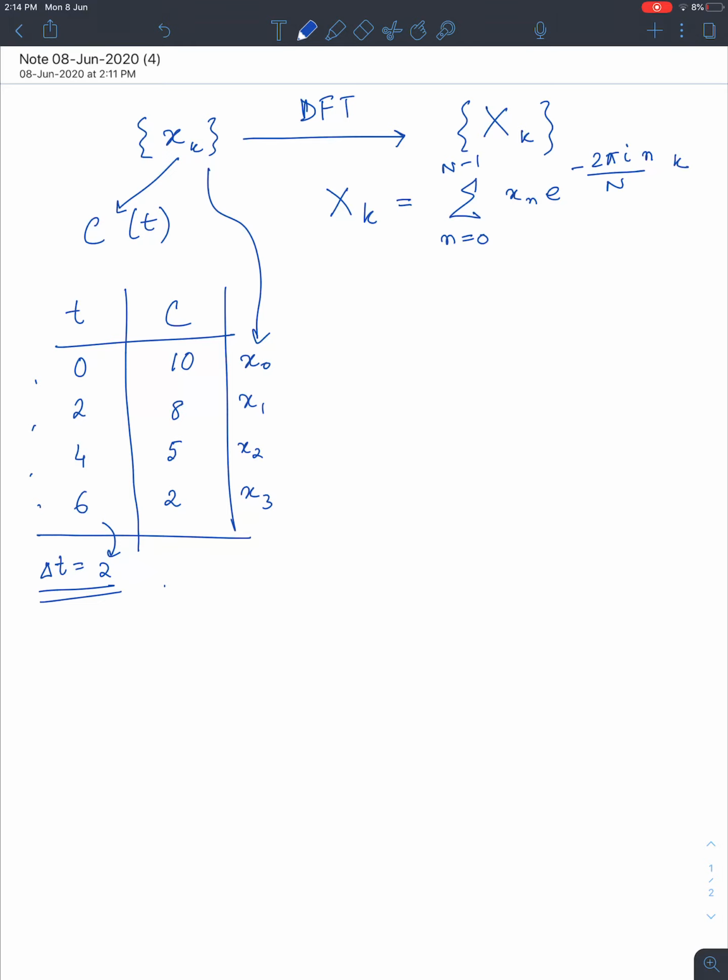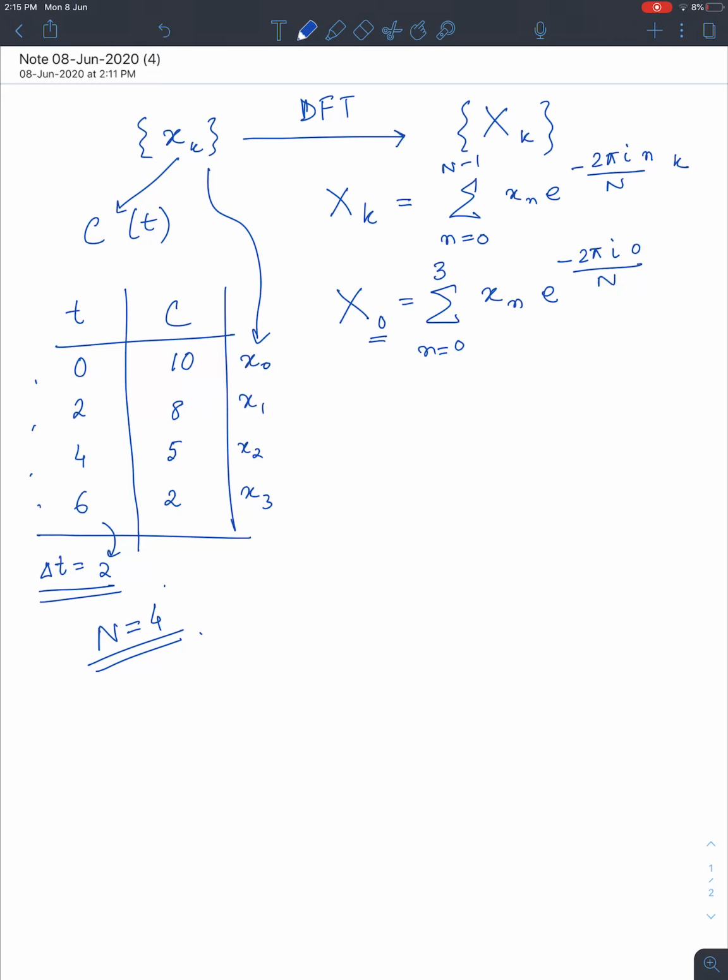Now we are going to find each one. What is capital X of 0? Capital X of 0 is equal to the summation, n goes from 0 to 3, since capital N is 4 because there are 4 points, of xn e to the power minus 2 pi i k n over N, where k is 0.